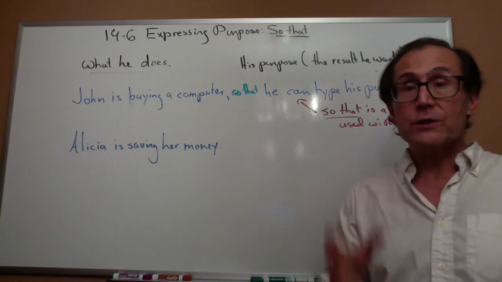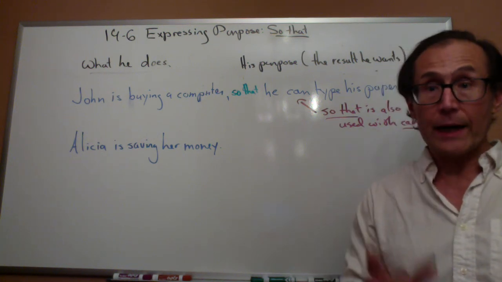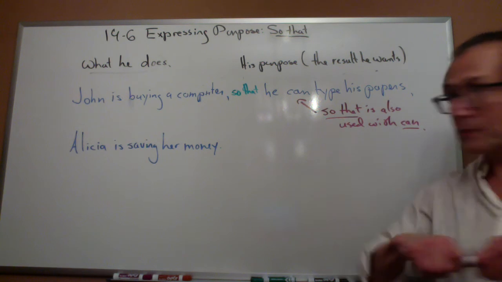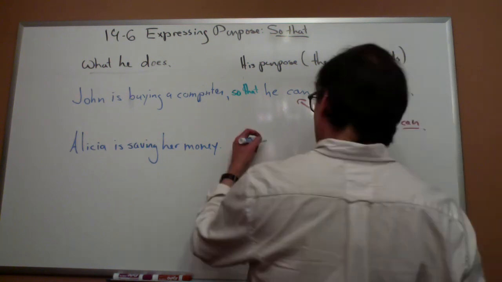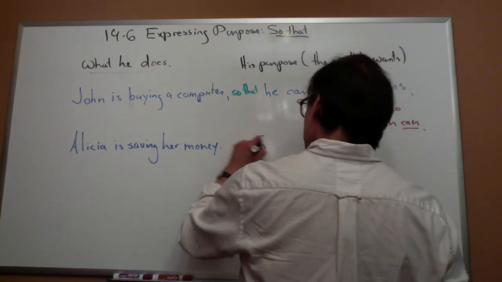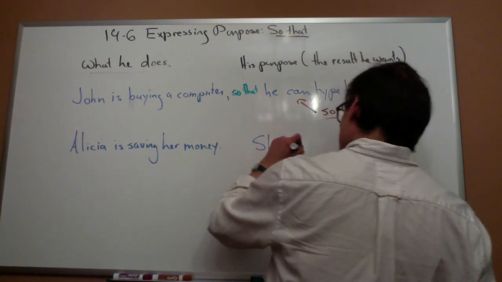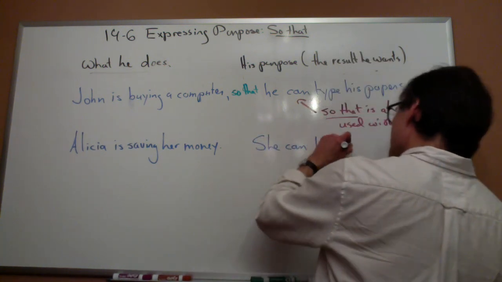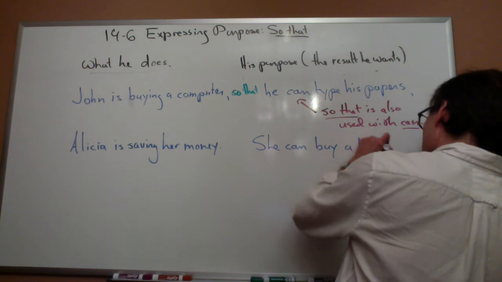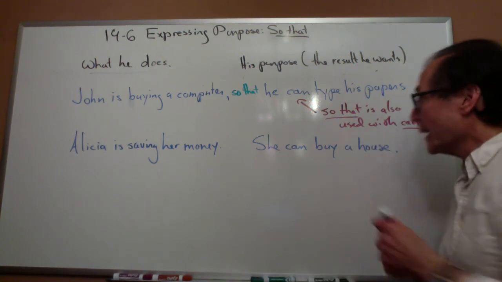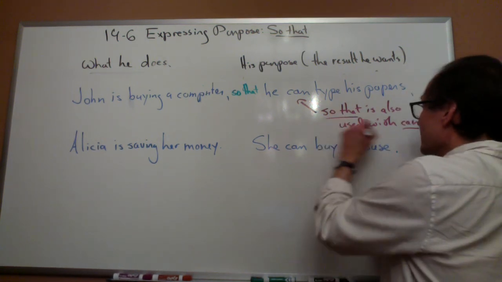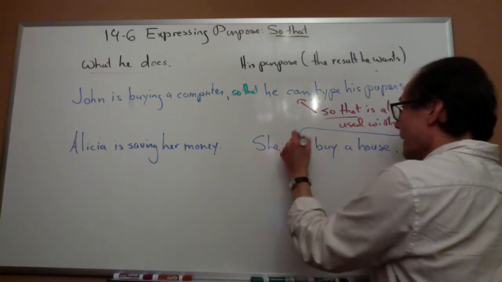Well, let's say she wants to be able to buy a house. So the result that she wants, she's saving her money. Why? Well, the result would be she can buy a house. Okay?